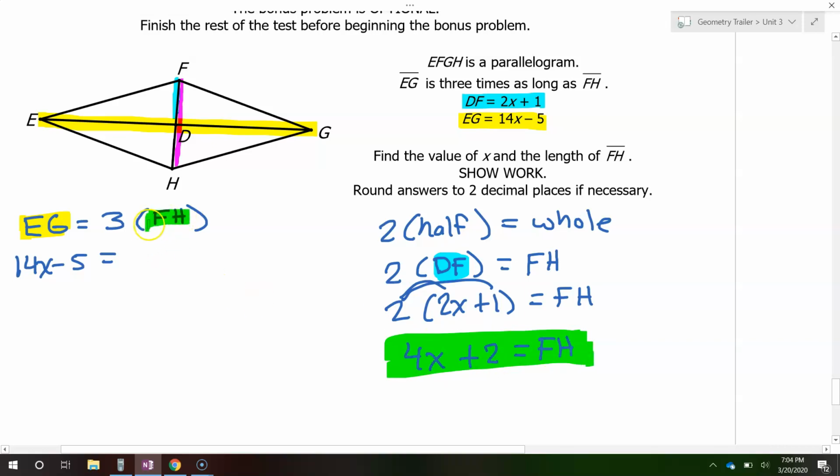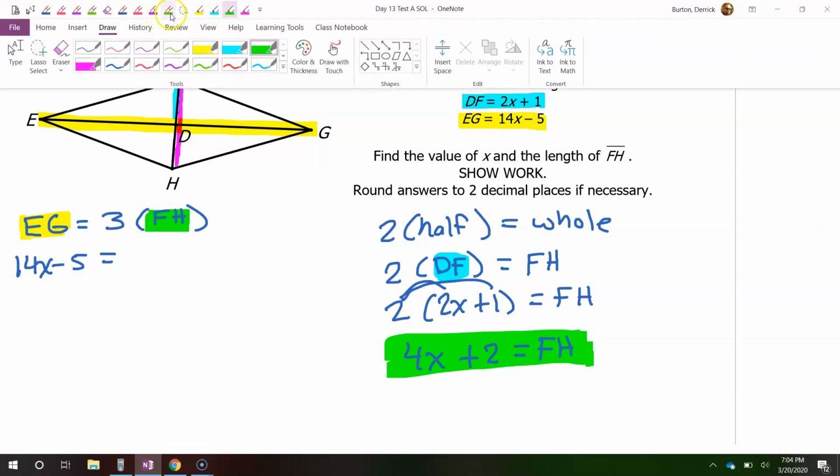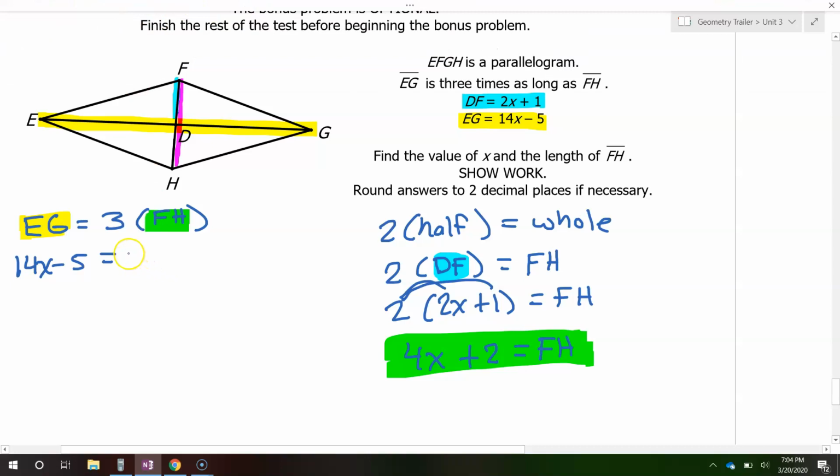So here's FH right here. So look what I can do. I've got this 3. I can take all of this and substitute it in because FH is now 4x plus 2.